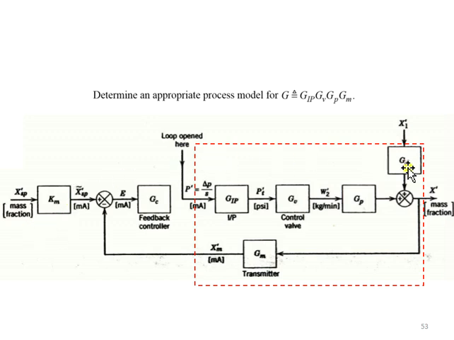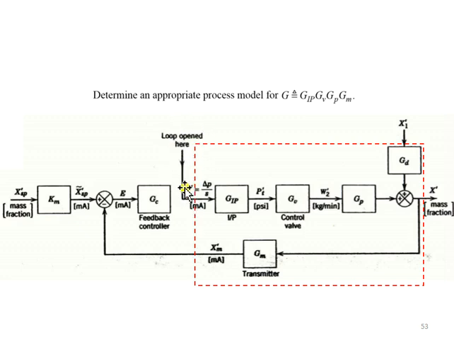Here's the block diagram to represent the scenario we are discussing. We have the controller here, and the following block diagram to represent the elements connected to this loop. By opening the loop at the controller, the controller output has been opened here.